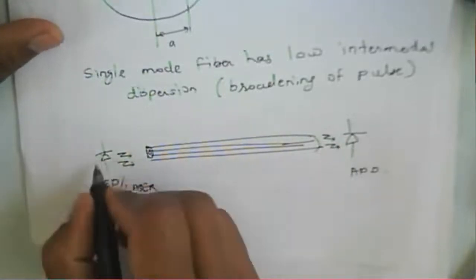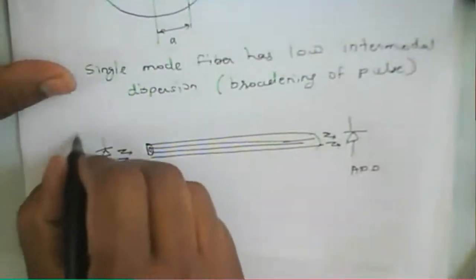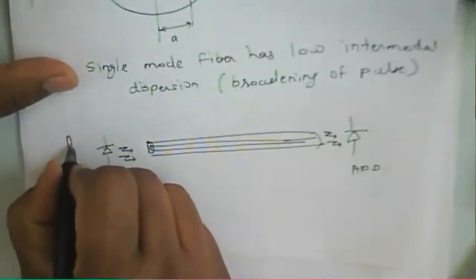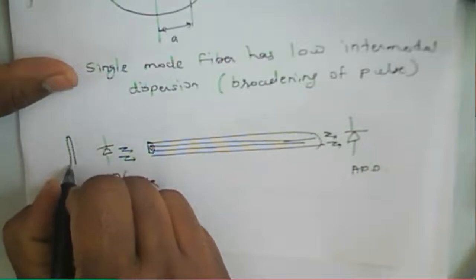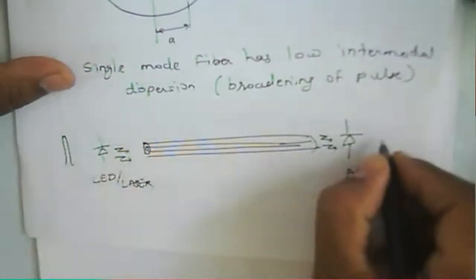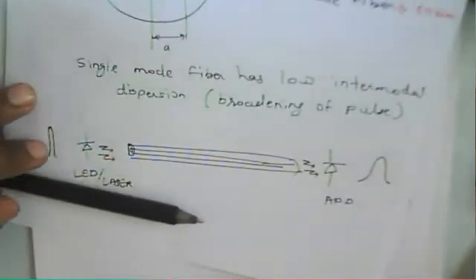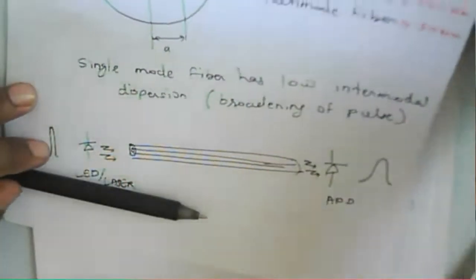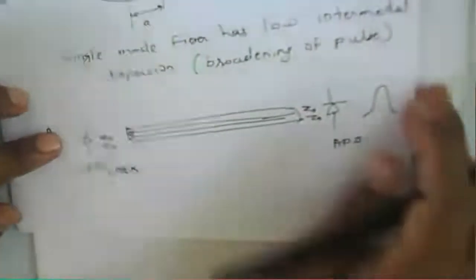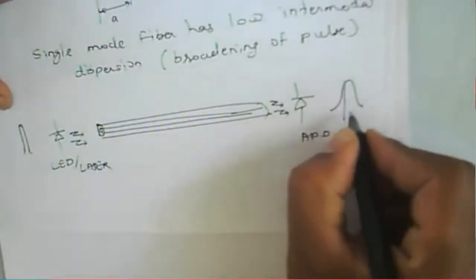Pulse transmitted means light transmitted. Here we have the conversion circuit, so we are sending the current pulse. At the end, whichever current pulse we are receiving changes here. Whatever current pulse is transmitted will be broadening.